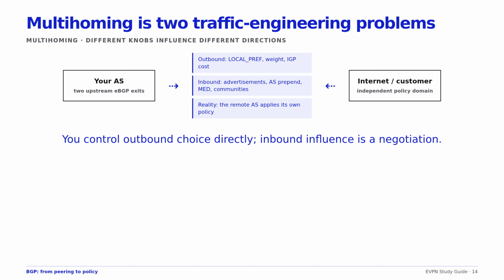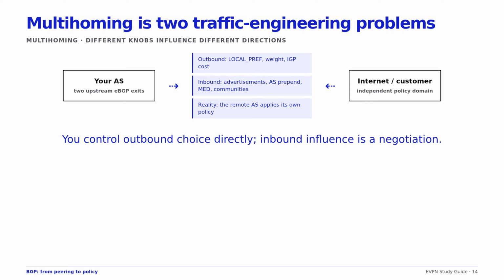A multi-homed autonomous system has more than one external path, but inbound and outbound traffic are controlled differently. Outbound choice is local. Policy can set weight on some platforms, local preference across iBGP, or allow later tiebreakers such as AS path and IGP cost to decide.